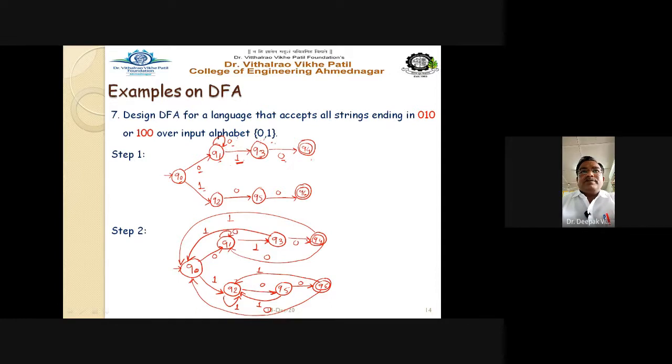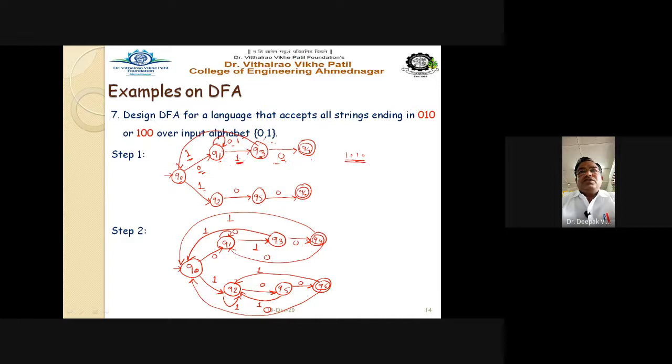No, because then also the string becomes 1 1 0. So instead, I have to go to Q0. So here I'll make 1 go to Q0, and the string becomes 1 0 1 0. The end remains as it is and does not get disturbed. That is okay.